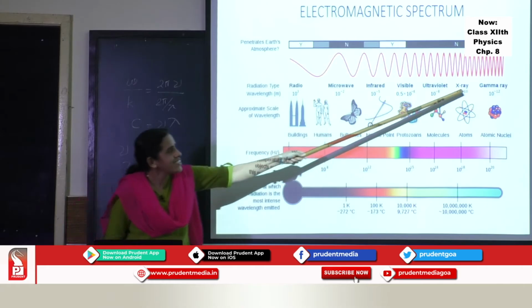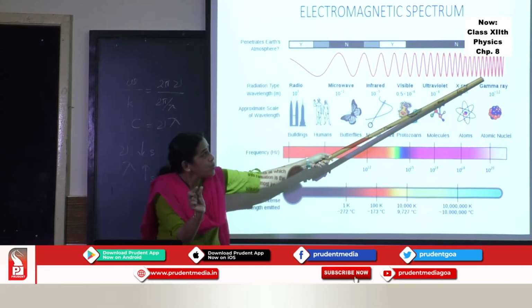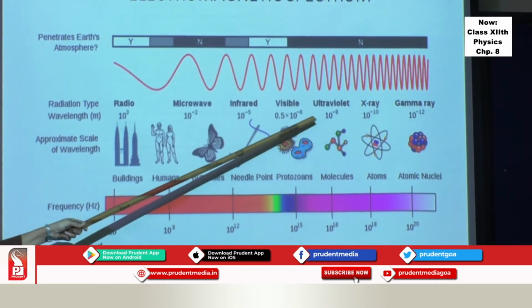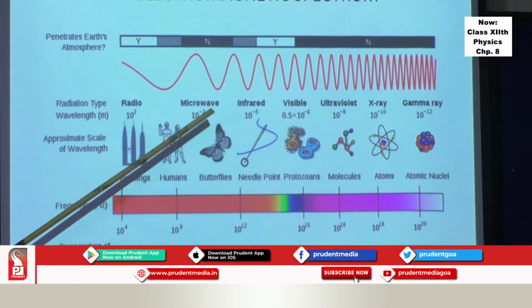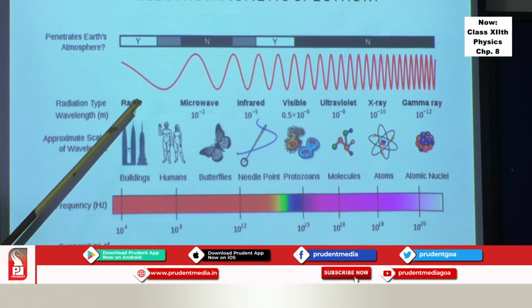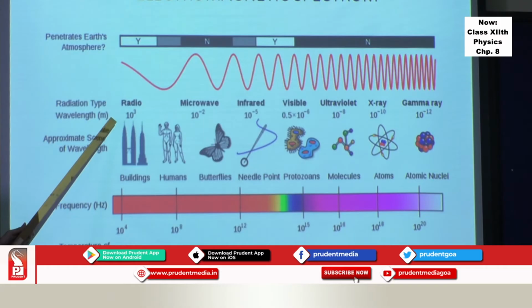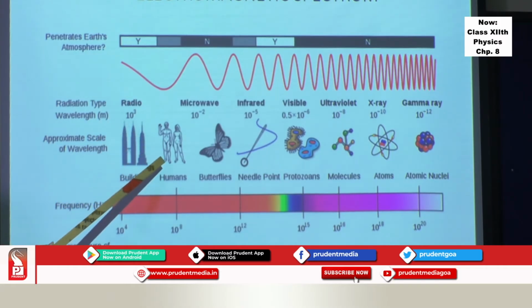Here the wavelength is the shortest, waves are very close, and as you go gamma ray, X-ray, ultraviolet, visible, infrared, microwave, radio, the waves are moving apart, which means the wavelength is increasing. And see this figure, the twin towers in Malaysia. If that shows radio waves, human beings will be between radio and micro.